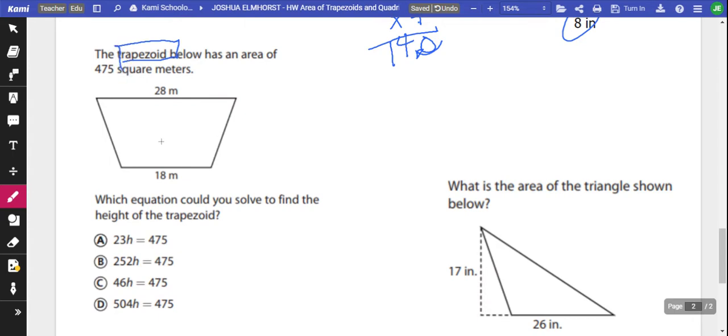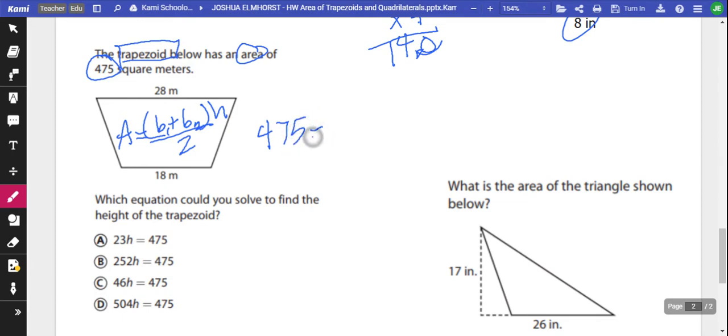Area of a trapezoid, we're going to use the trapezoid formula. Area is base 1 plus base 2 times the height divided by 2. So let's fill it out. The area is given, 475. Here's base 1, here base 2. Divided by 2 times the height.